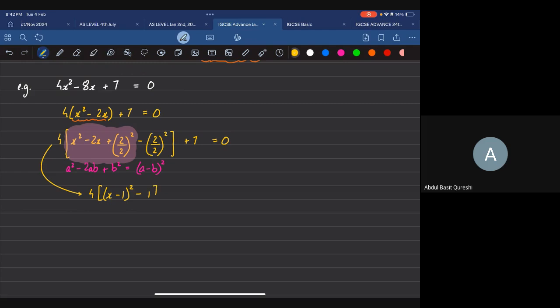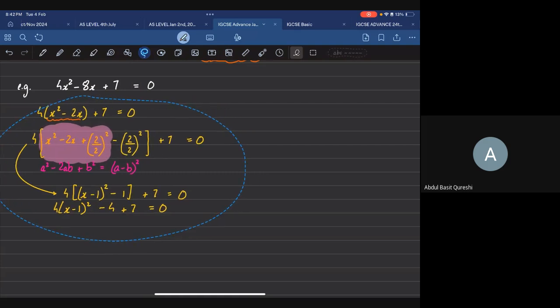So it is going to look like this plus 7 is equal to 0. Now it's going to be 4 times x minus 1 whole squared minus 4 plus 7, which is equal to 0. Simply solving it further, Basit, is this step clear?